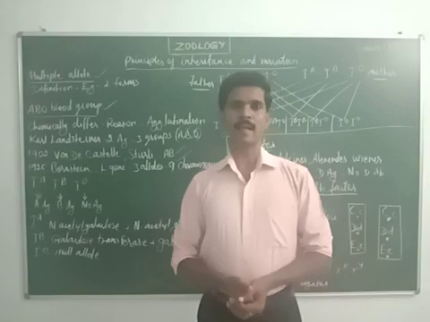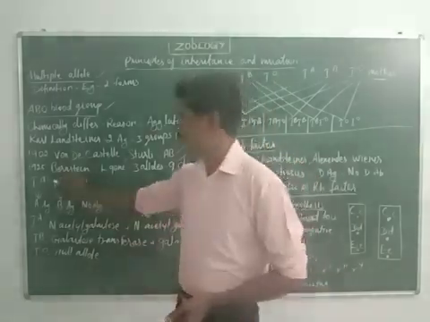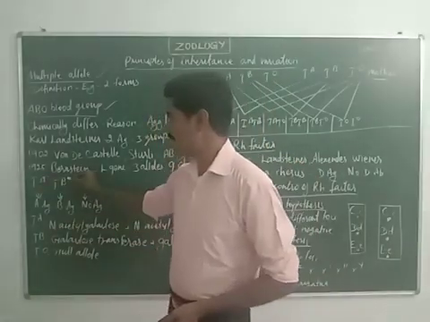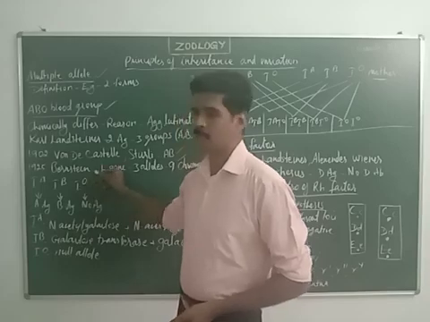Now we say the alleles' names: IA allele, IB allele and IO allele.